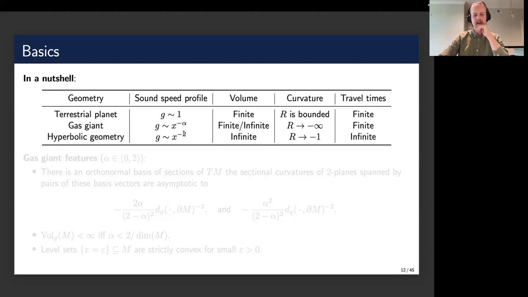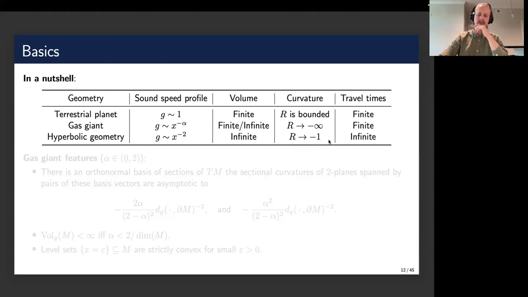If you put alpha equal to 2, you end up with asymptotically hyperbolic geometry. In some sense, gas giant manifolds lie between standard Riemannian manifolds and these asymptotically hyperbolic manifolds. Terrestrial planets have finite volume. This gas giant model can have finite or infinite Riemannian volume, whereas hyperbolic geometry always has infinite volume.